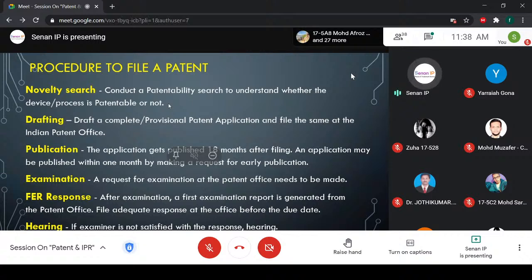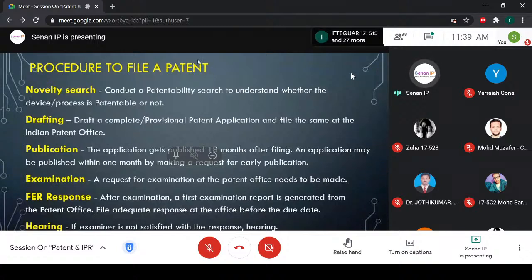So before filing a patent application, if you are filing with someone else, you should sign a non-disclosure agreement with him. Then you should share the invention detail, and that detail should be checked before filing the patent application, whether the invention is patentable or not, whether the invention has novelty or not.